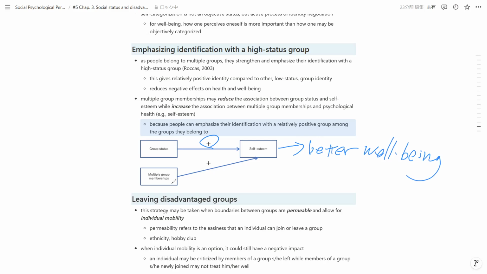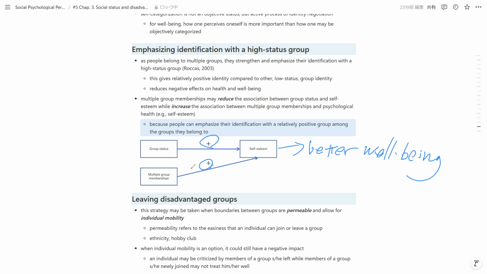But multiple group memberships is also related to better or higher self-esteem. And one of the reasons for this positive association is that when people belong to multiple groups, they could reduce the negative impact of belonging to relatively low status groups and increase the positive effects of belonging to relatively high status groups.